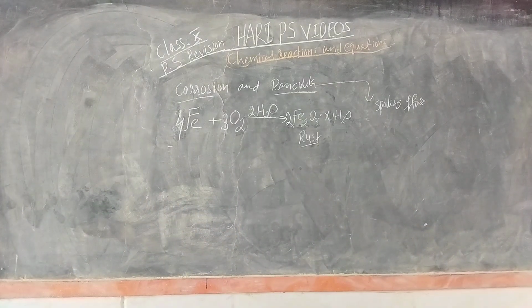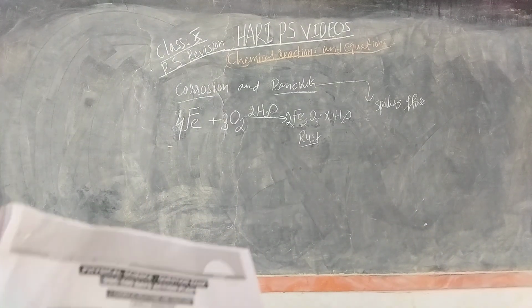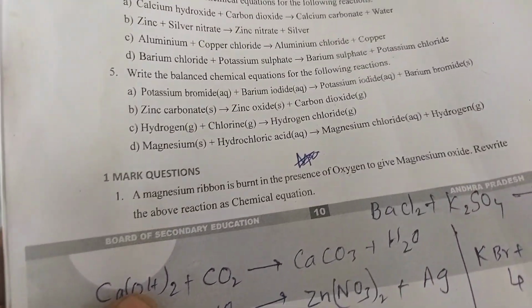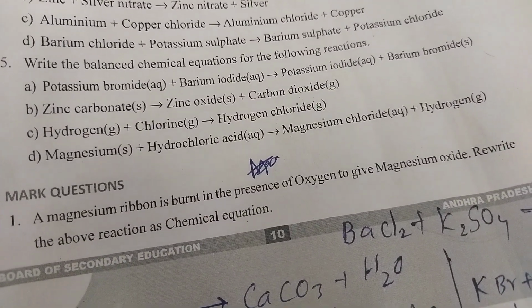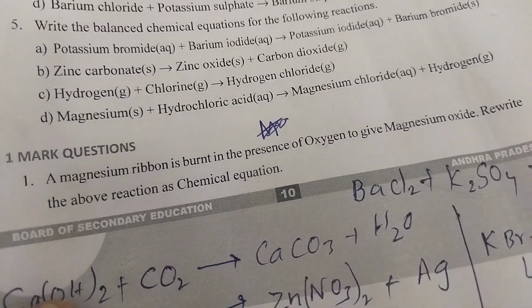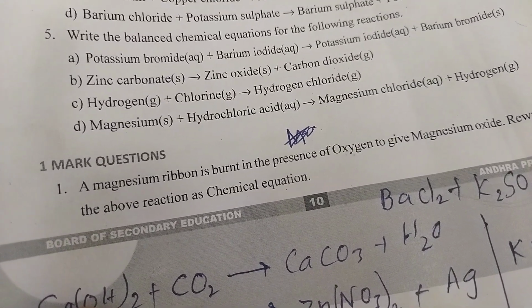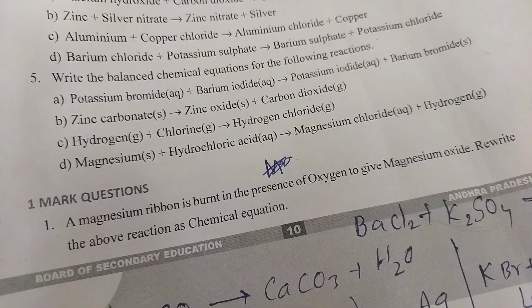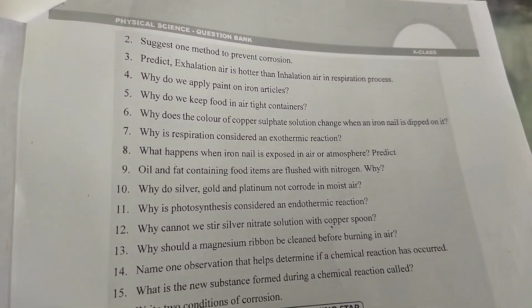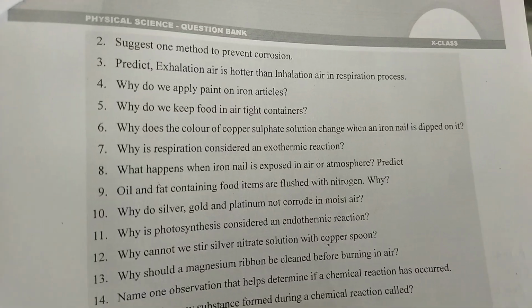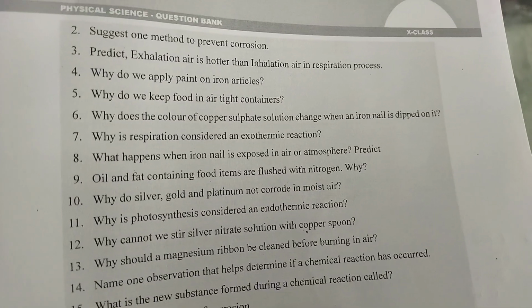So once again, see the first 1 mark question. A magnesium ribbon is burnt in the presence of oxygen to give magnesium oxide. Rewrite the above reaction as a chemical equation. Then the other questions: Suggest one method to prevent corrosion.